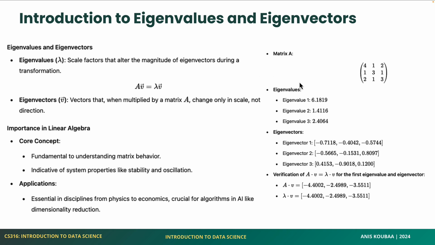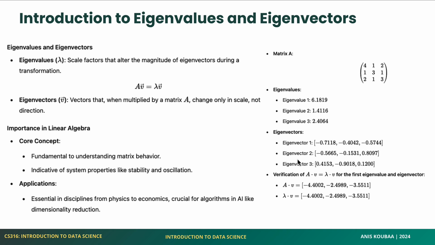Now, for example, this is an example of a matrix A with these numbers. Using some algorithm we're going to introduce, first of all, we identify the eigenvalues. Usually an n by n matrix will result in n eigenvalues and n eigenvectors if they satisfy certain properties.